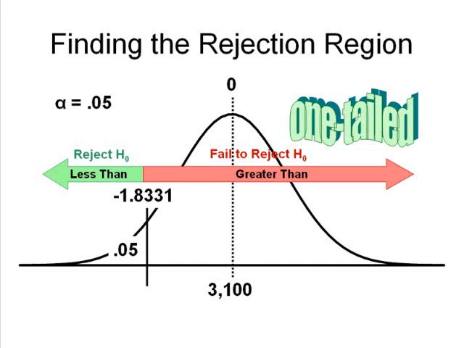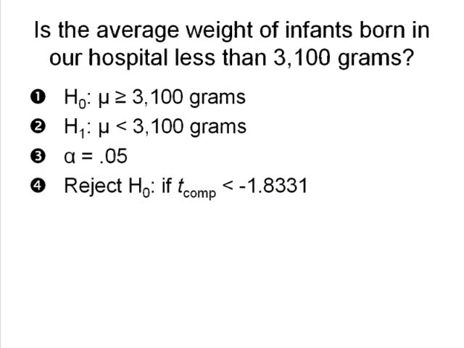So let's put this in our rule. Here we are. Here's our rule. I'll say reject H0 if the T comp is less than negative 1.8331. So now what's left to do is to calculate our T comp.